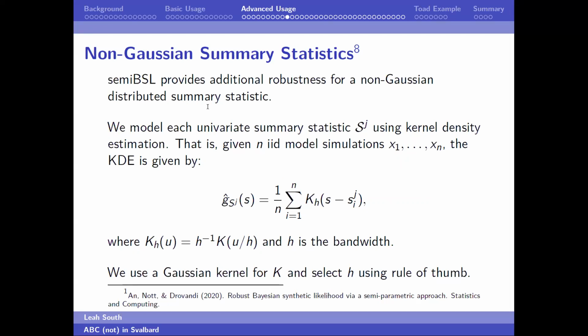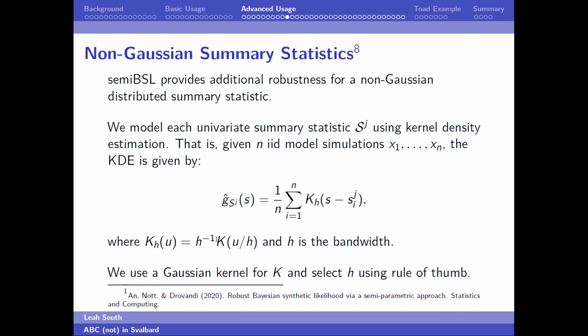Okay, so one of the more interesting ones is semi-BSL, which is for when you've got summary statistics that don't follow a normal distribution. In that case, you might like to use a semi-parametric alternative that's kind of a balance between the parametric and the non-parametric methods. So what you do here is for each individual summary statistic dimension, you use kernel density estimation to approximate that, and then you can transform those summary statistics so that they're roughly uniform distributed.